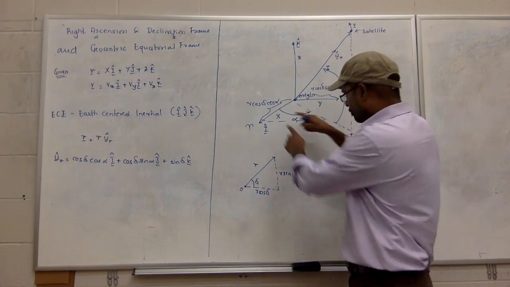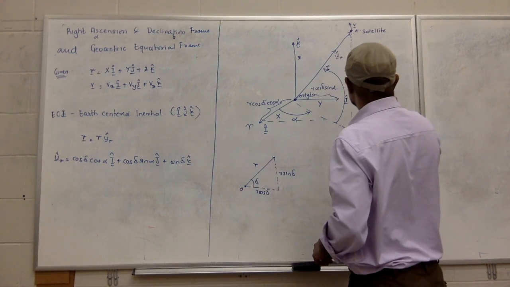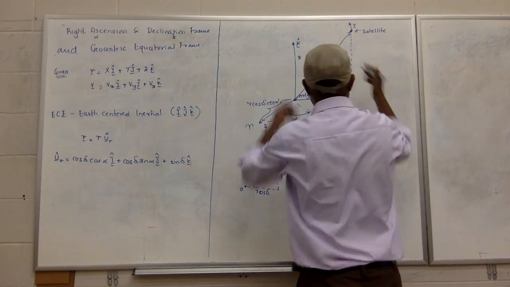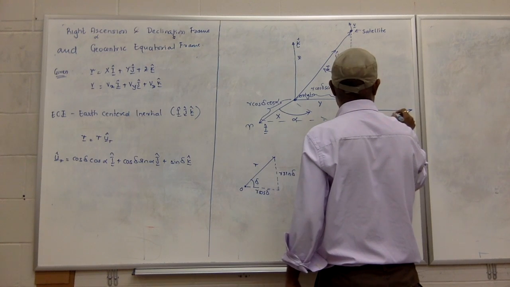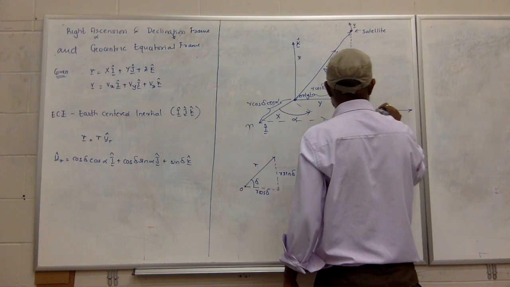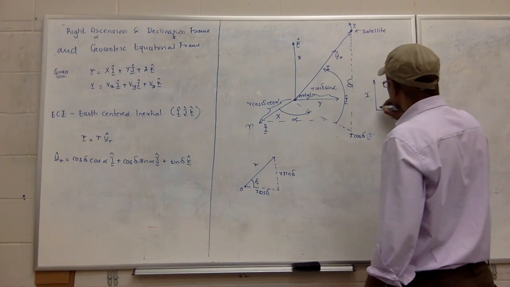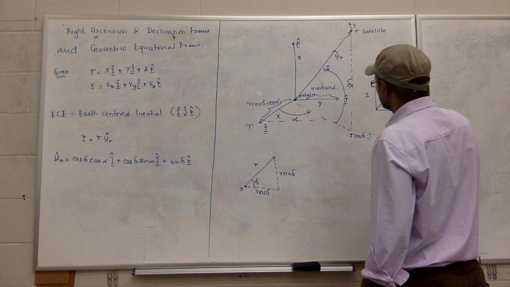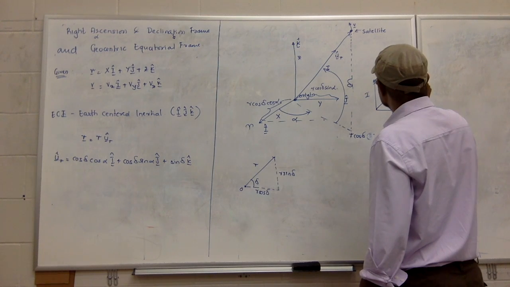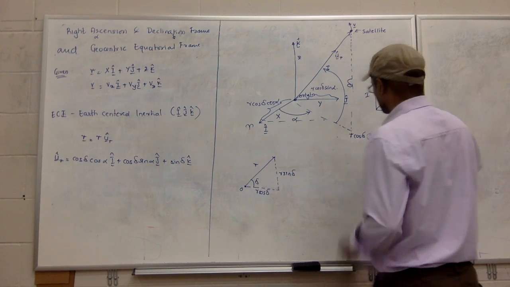Now I'm going to take this XY plane and project it like this. This is my Y or J. This is my I, and this is my R, or let me do this.